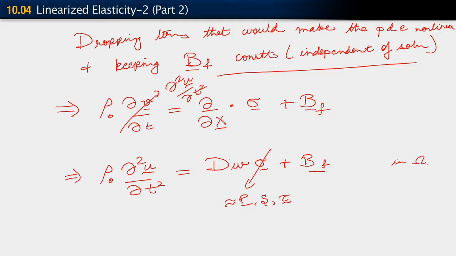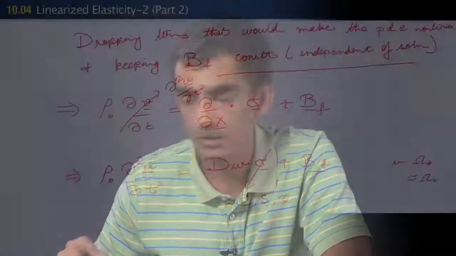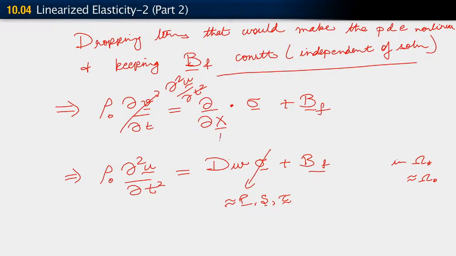It is defined in omega t, which is basically equivalent to omega naught, because we no longer here have any mention of spatial objects. We no longer need to work with the current position because we are working with capital X.